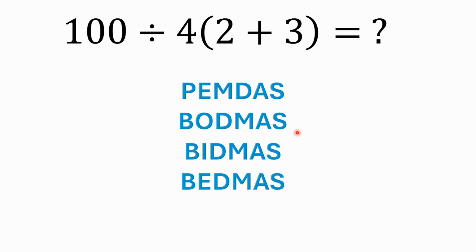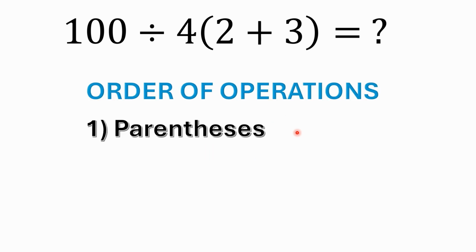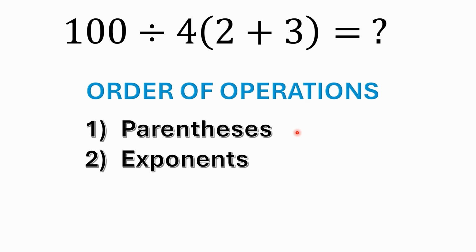Again, if you're looking at the order of operations and the various acronyms that are out there, they're all different depending on what English speaking country you might be from. You have PEMDAS, BODMAS, BIDMAS, BEDMAS. They all mean the same thing, and they all give the same answer. And none of these really take into consideration implicit multiplication as far as having precedence. With PEMDAS, you start with parentheses, then exponents.